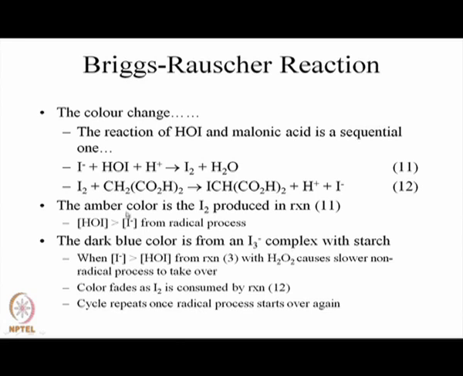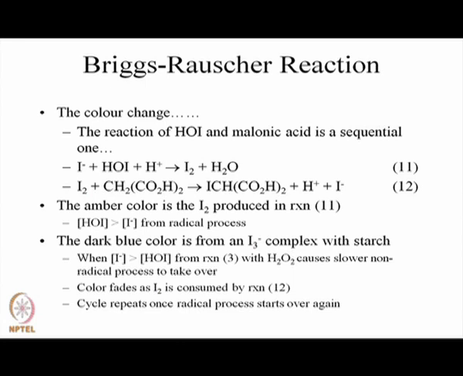So, the amber colored initial solution is a result of the formation of I2, and this dark blue color in presence of starch is because of the formation of the I3 complex. Now, this I3 complex will be more if I minus is more, because I3 is formed as a result of the reaction between I2 plus I minus. So, when I minus concentration is less, the I3 complex, that is the starch color, is diminished.